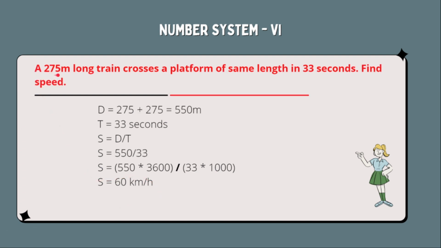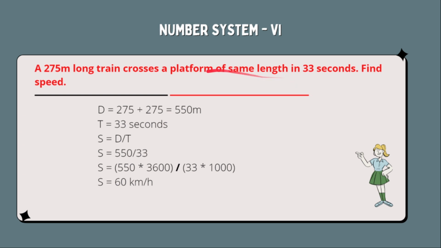Next question, a 275-meter long train crosses a platform of same length in 33 seconds. Find speed. What is given? Train is 275-meter long. Okay, this one. Then the platform is 275-meter long. So to cross it, it has to travel from here to here. In previous case, there was a person, so we can assume that negligible.